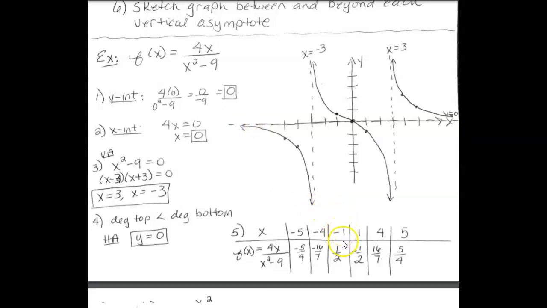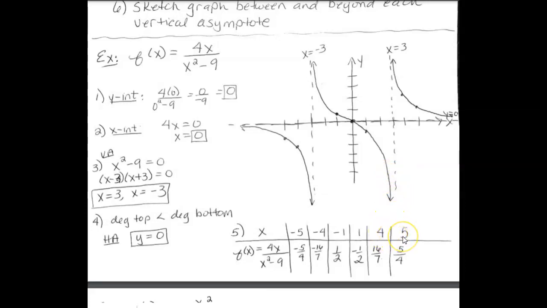All right, negative 1 plugged in gives me a half, and positive 1 plugged in will give me negative a half. So at negative 1, we're at positive a half, and at positive 1, we're down here at negative a half. You can see here that we're headed upward as I move toward the vertical asymptote at negative 3 from the right side of it, and we're headed downward because of this point plotted here if I move toward positive 3 from the left.